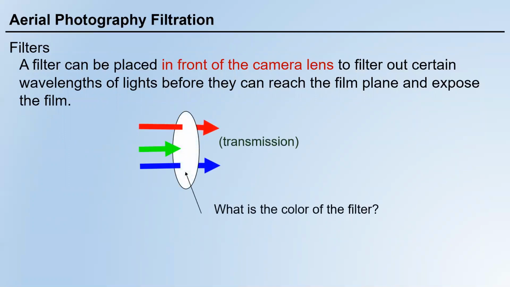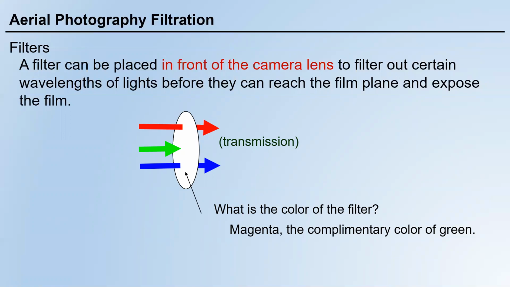So here, let me ask this question. Here we have red light, green light, and blue light, but the green light has been blocked by this filter. So what is the color of the filter? Of course, the color of the filter should be the complementary color of green, which is what? Magenta. Magenta, the complementary color of green. So the mechanism here is very simple, right?